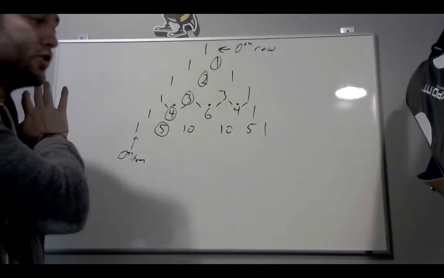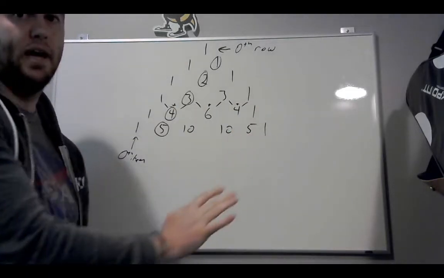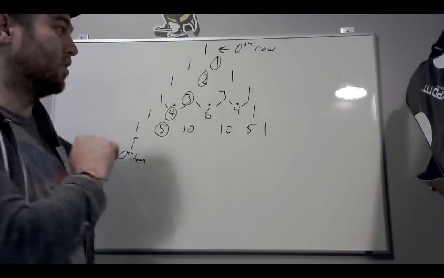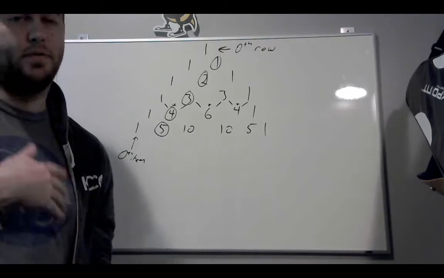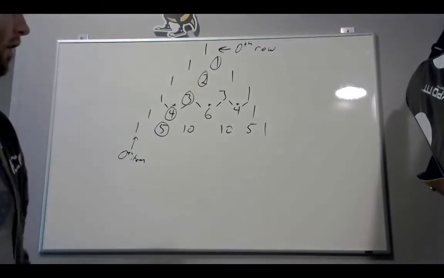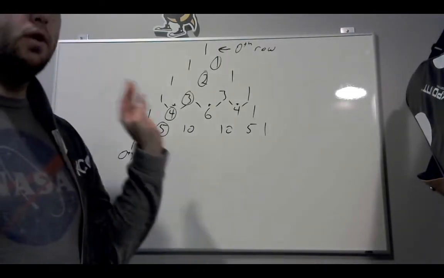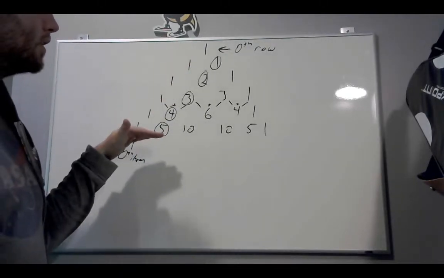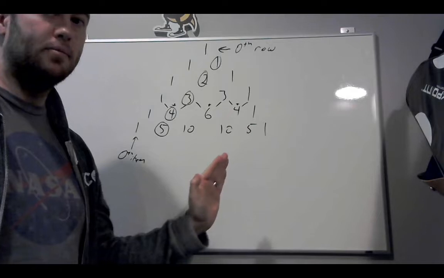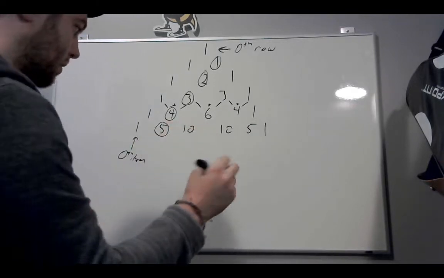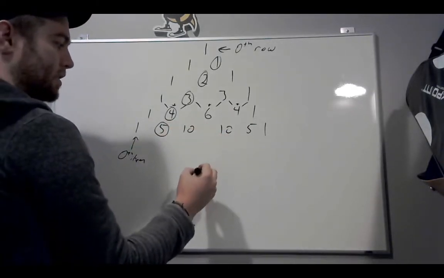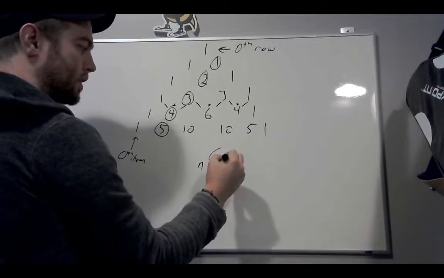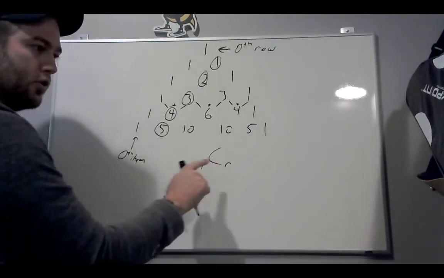Again, there are so many cool things about this pattern. Please go and look it up if you have time or if you're even interested. One really interesting thing is that each of these rows and items compares to doing a choosing, so a combination.